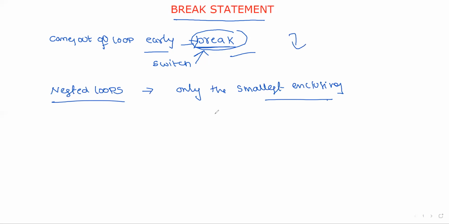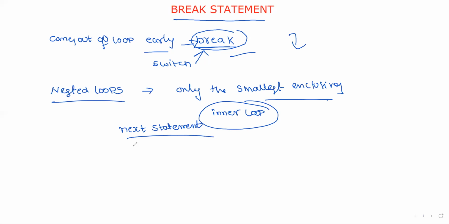That means instead of completely coming out of the nested for loop, we come out of only the inner loop, not from the complete program, and then continue execution from the next statement.